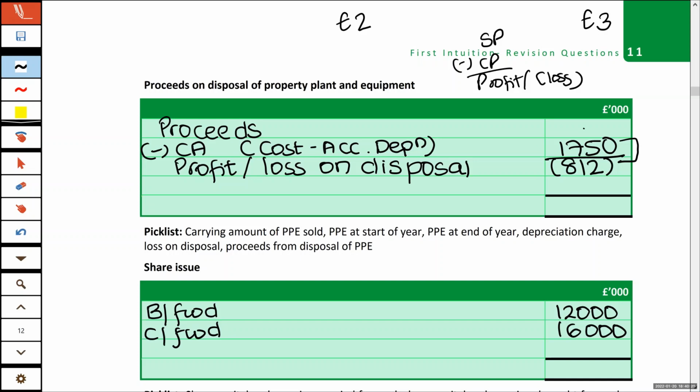So if I made a loss, that means I've sold it. The money I received is less than this. The money I've received is less than 1,750. Therefore, my calculation for proceeds will be 1,750 minus 812. 1,750 minus 812 gives me 938, and that is the money I have received.